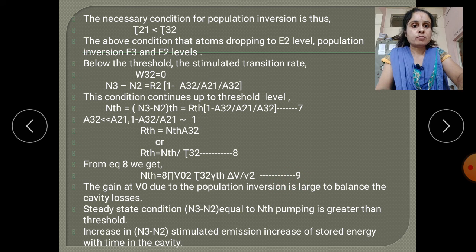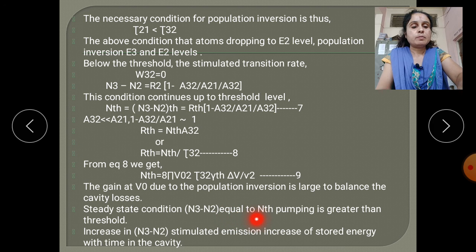In this equation we get the threshold population inversion scheme. In this expression the gain at V0 due to the population inversion is large, and it will balance the cavity losses of resonance. So, that leads to the formation of steady state conditions in the population inversion level N3 minus N2.